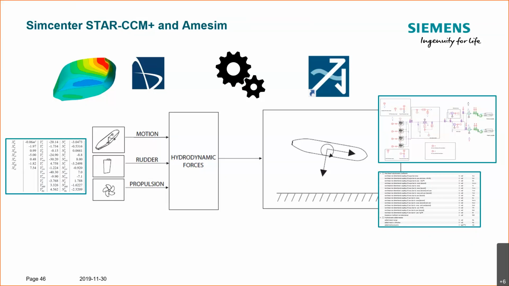And SimCenter AIMSIM can close just that gap and be linked to StarCCM+ in various ways, either for the direct CFD simulation in terms of the engine model, or we completely take coefficients found from CCM Plus into AIMSIM and then do all the maneuvering simulation if the design criteria and objective set demands that. We can do this in SimCenter AIMSIM.